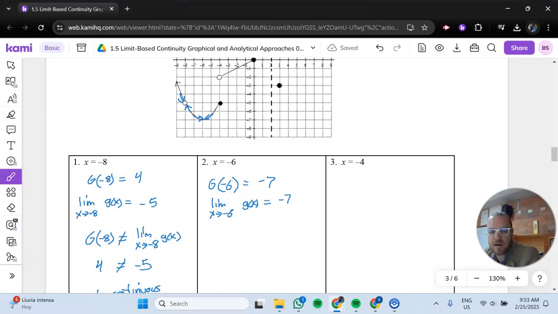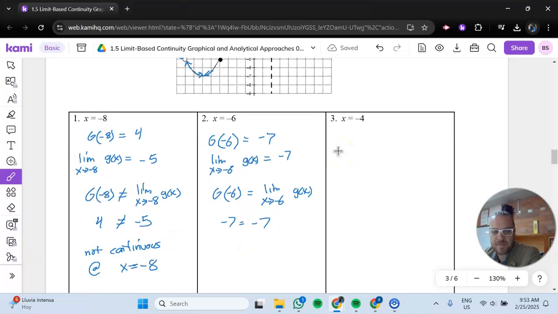We can see that they are. I'm going to write it out longhand. However, you do not need to do this every time. But g of -6 is equal to the limit as x approaches -6 of g of x, because in this case, they are both -7. Therefore, it is continuous. So g of x is continuous at x equals -6.